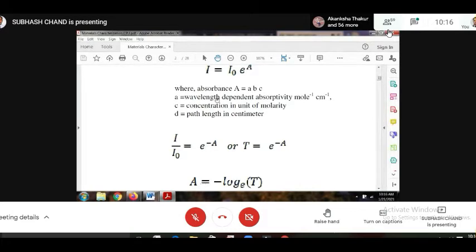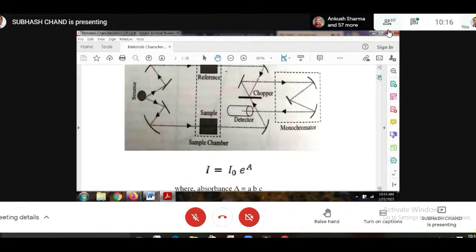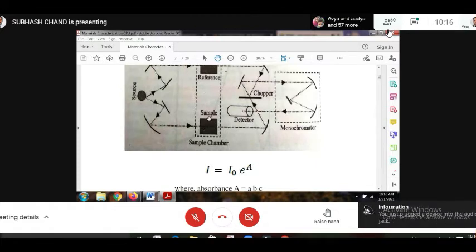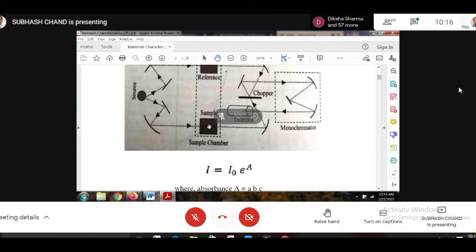And what is absorbance? Basically, it depends on the path length of the sample, the thickness of the sample. It depends on the concentration of the absorbing species inside the sample in the container. It also depends on their absorption power.